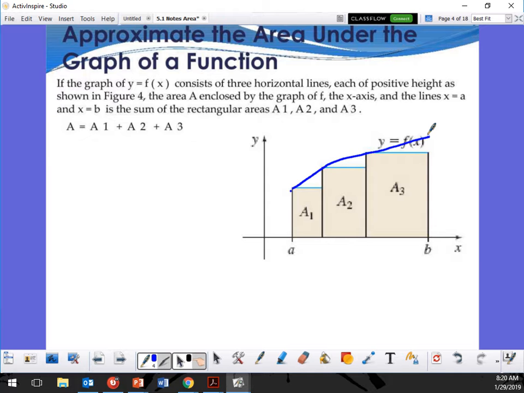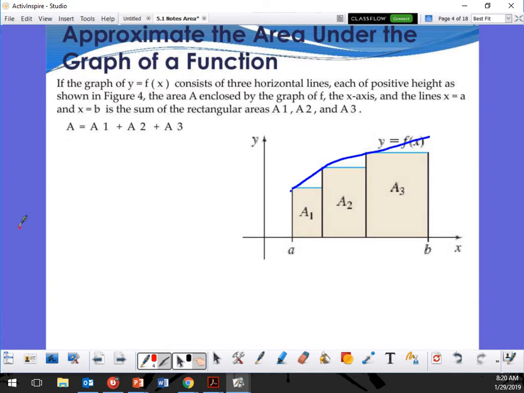This is a left-hand estimation. A left hand means I'm connecting the left corner of my rectangles to my function. That's a left hand.